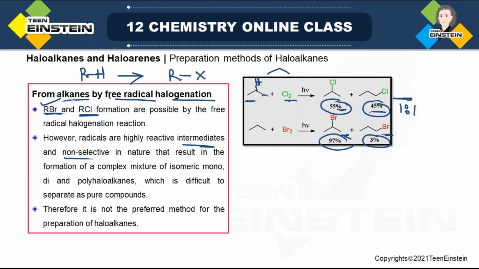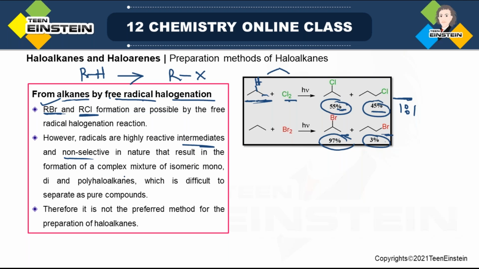So when the alkane is very complex, the difficulty will also be very high, because the more complex the starting material, I mean the alkane, obviously different types of hydrogens will be there, and all possible monochloro derivatives will be produced, and separating them individually, if you want to get all these molecules, is really difficult.